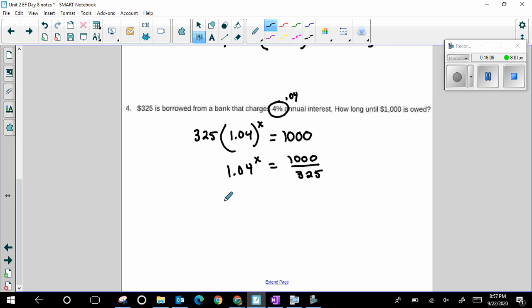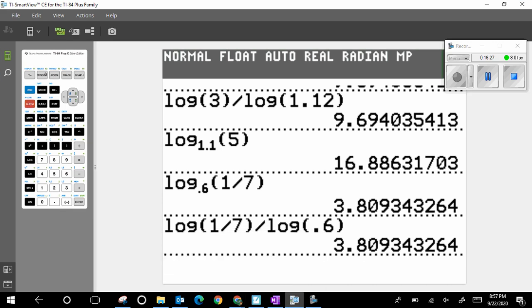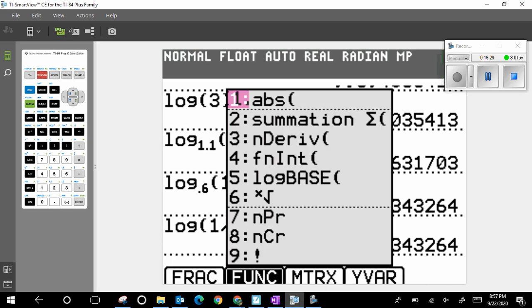Now I need to change to a logarithm. So log base 1.04. And I'm going to put this in parentheses since it's a fraction, equals x. So you can go to your calculator again. Alpha F2, number 5.